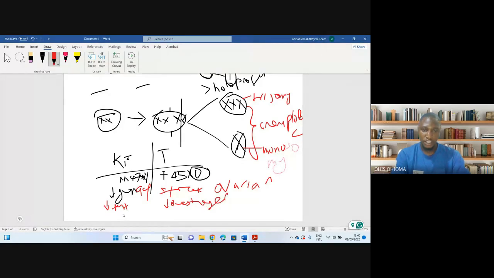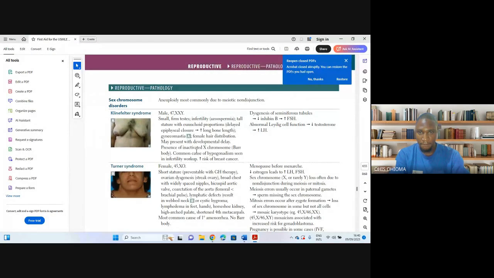Now, this patient here has a Barr body. And this one does not have a Barr body by virtue of this O here, this absent chromosome. And what do we say Barr bodies are? A Barr body is an inactivated X chromosome.